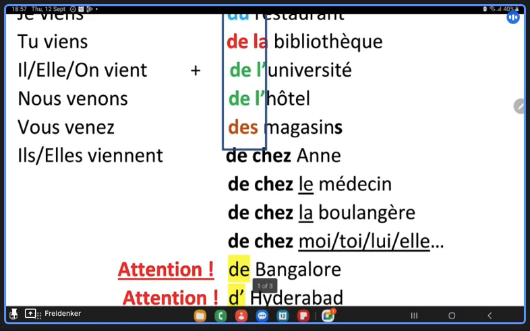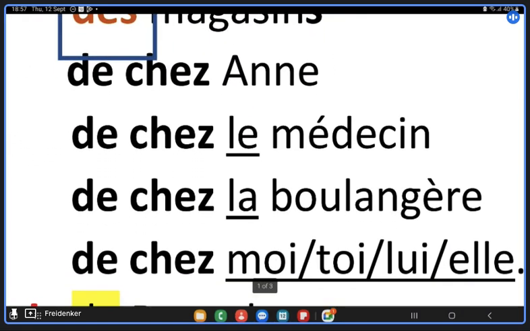Now we'll look at some examples involving CHEZ. Same rules. In the previous case, for à, we looked at three cases, right? CHEZ followed by a profession, CHEZ followed by a name, CHEZ followed by a tonic pronoun.